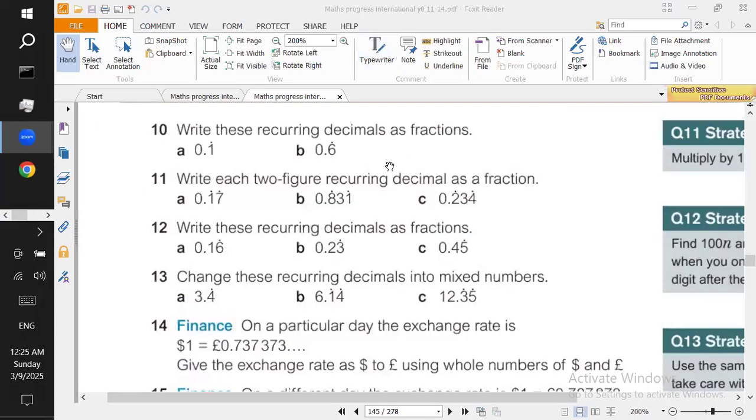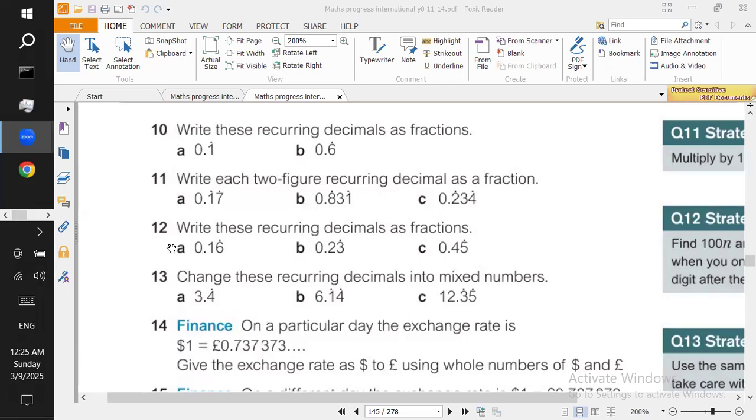So this is how to write fractions out of a recurring decimal. If they are one number, it means we have to multiply by 10. If they are two numbers, we multiply by 100. Three numbers, we multiply by 1,000. Same steps, okay? Now, for 10 and 11, we understand them.